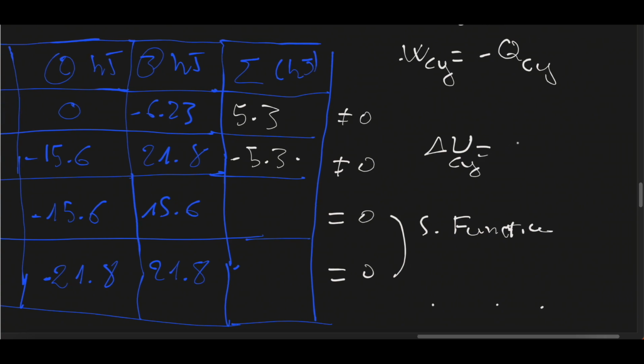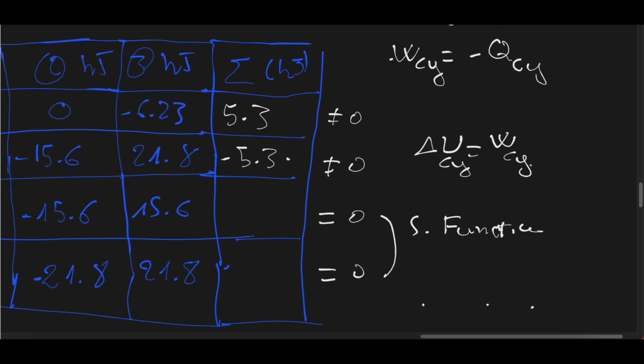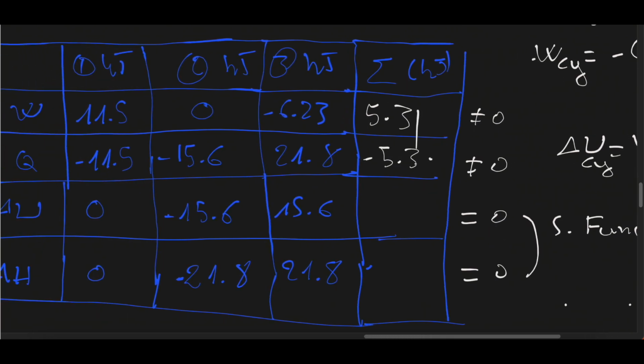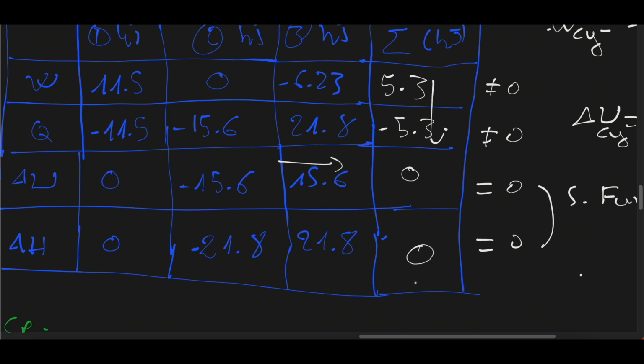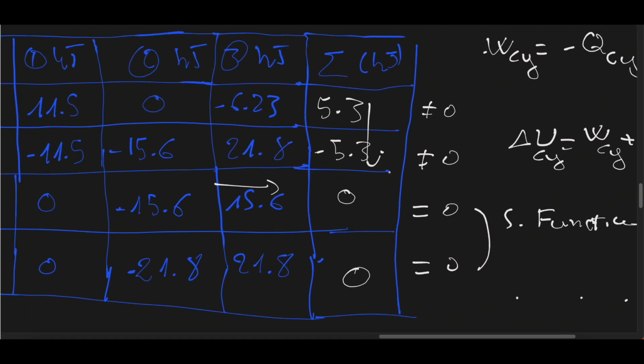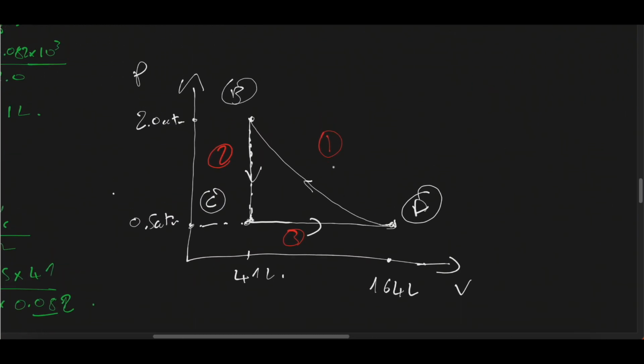It must be 0 because it is equal to the cyclic work plus the cyclic heat. So here, if we move through the column, we get 0, and the same thing if we move through the horizontal line of the table, it will also be 0. So we can see that the first law of thermodynamics is verified for this reversible cycle.